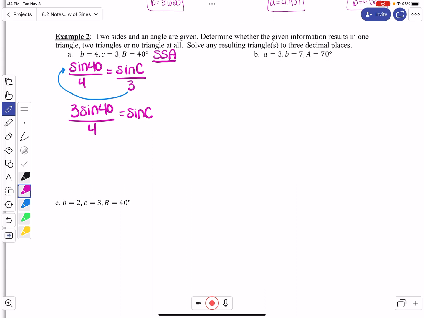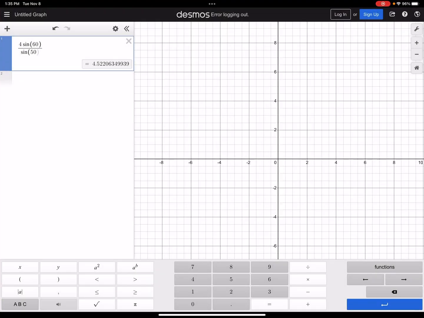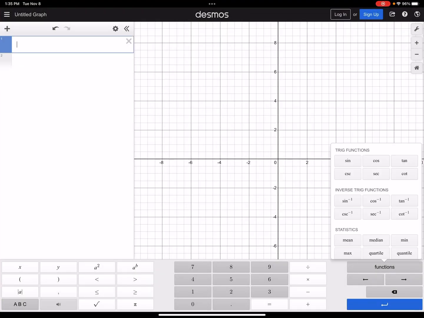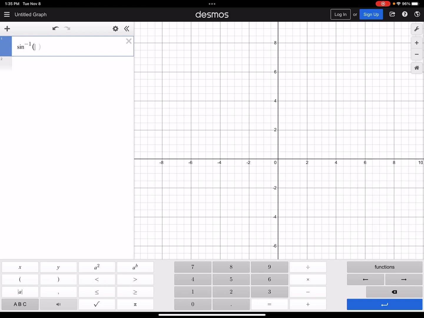Now, when we type this into Desmos, we're going to do the inverse. Anytime you're looking for an angle, you always do the inverse. So we're going to type it in like this into Desmos. Okay, we're going to use the inverse sine. And again, make sure you're in degree mode, which is not going to change.